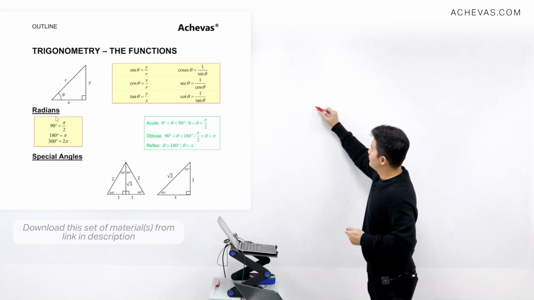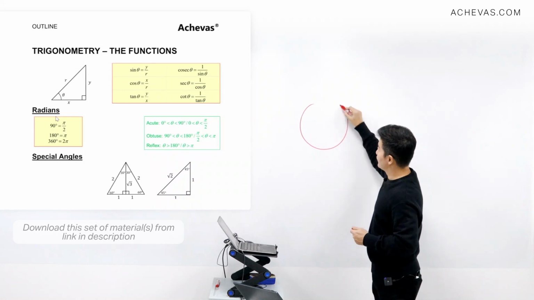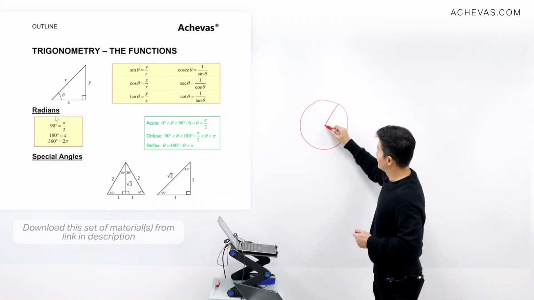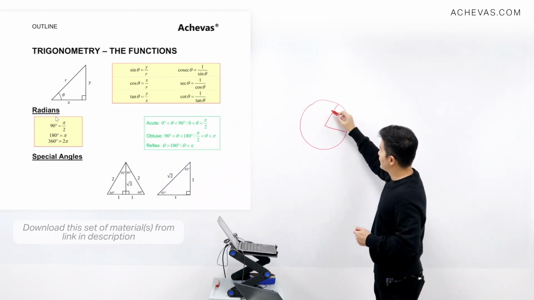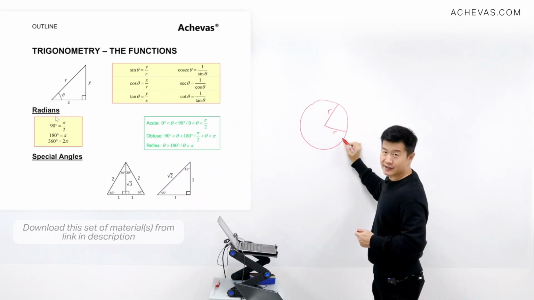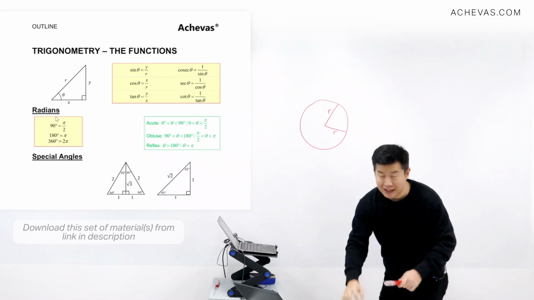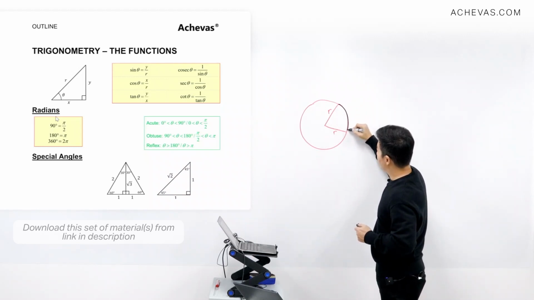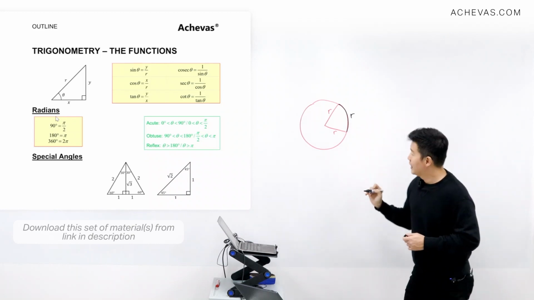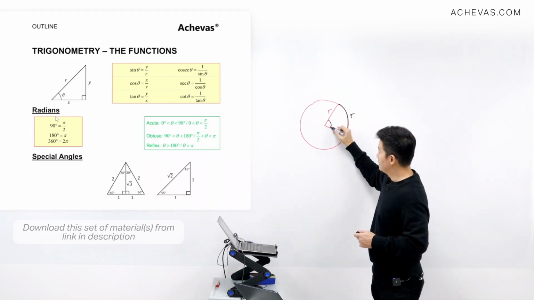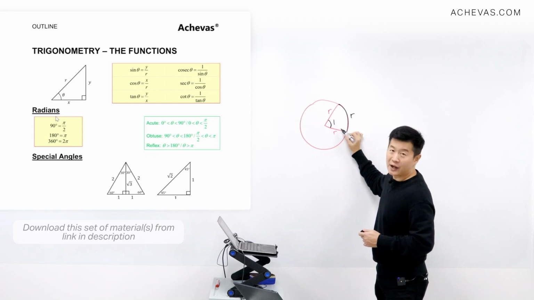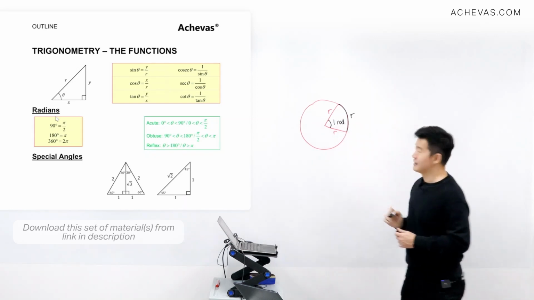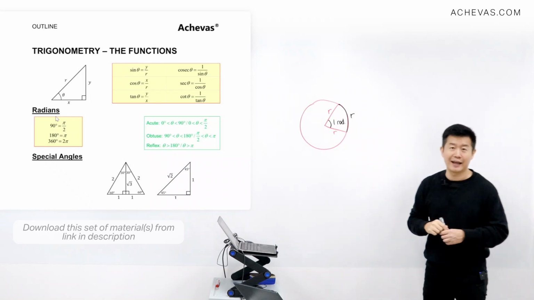And we are going to look at it based on geometry. So if we have a circle, and if we were to draw a sector such that the radius of the circle is r, such that the arc length of this sector here is also of a length of r, then this angle here is considered as 1 radian, which notation or symbol wise, is this 1 rad, R-A-D.